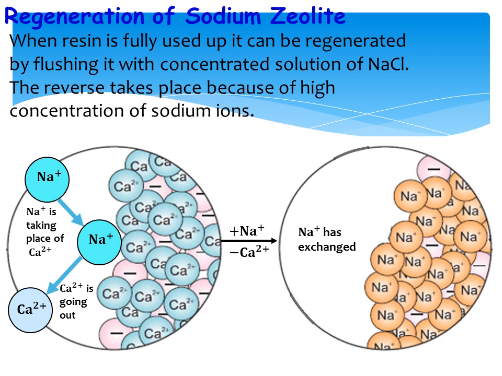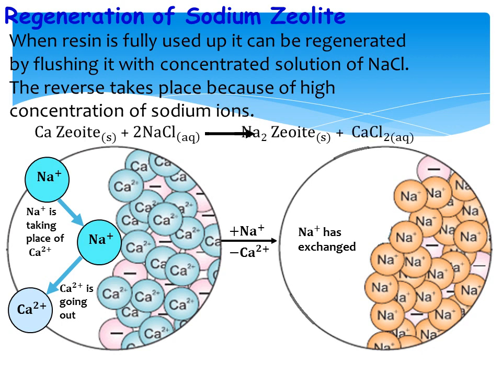For that process we flush it with a concentrated solution of sodium chloride, and this is basically a reverse reaction. When calcium zeolite, which is present in the column, is flushed with the concentrated solution of sodium chloride, again the ions get exchanged, sodium zeolite is generated, and calcium chloride goes into the water.